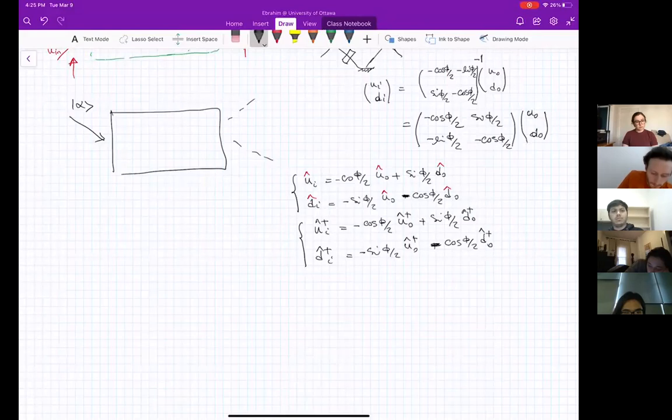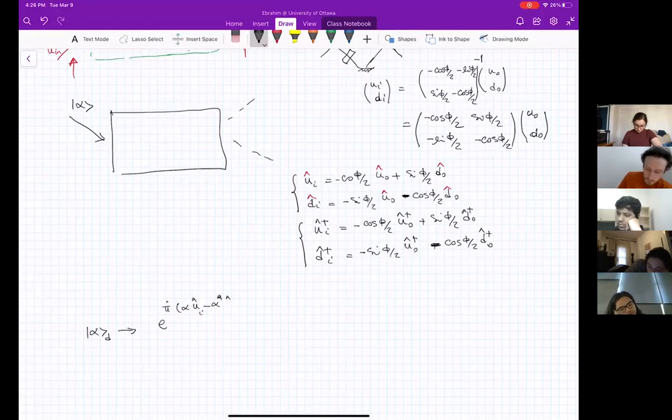Let's go with the coherent state on the port of D. So the coherent state at the port of D is given by a displacement operator, e to the power of alpha A dagger minus alpha star A. It is not A because it's a U port, so let's call it D in, acting on vacuum.